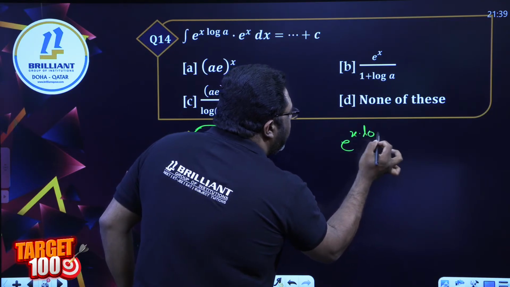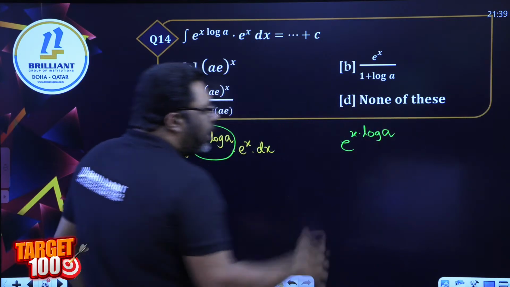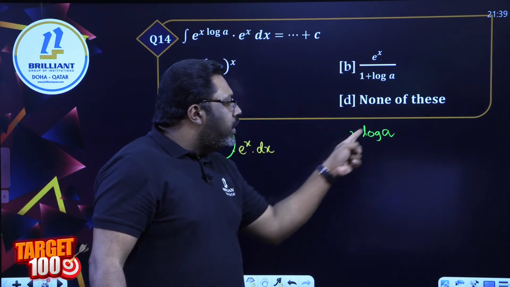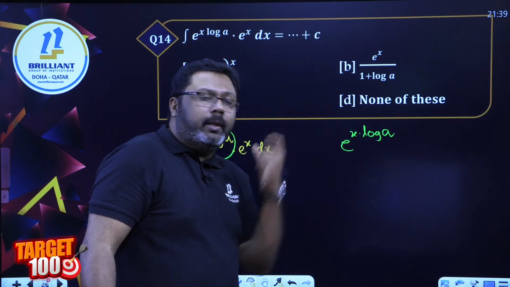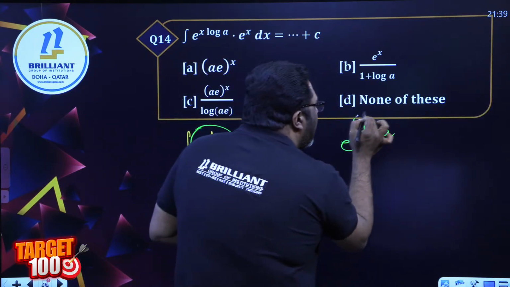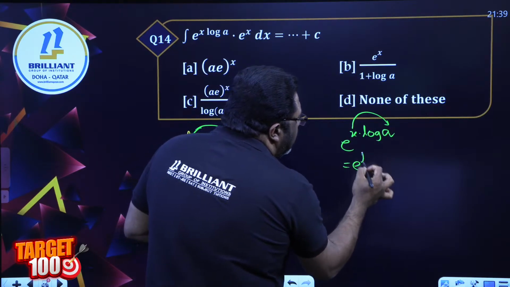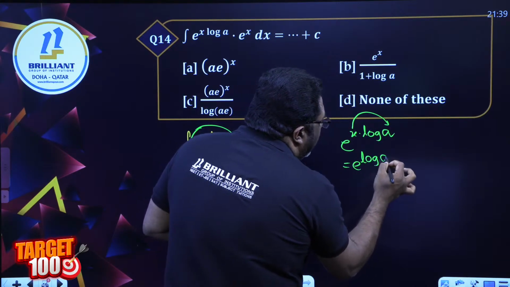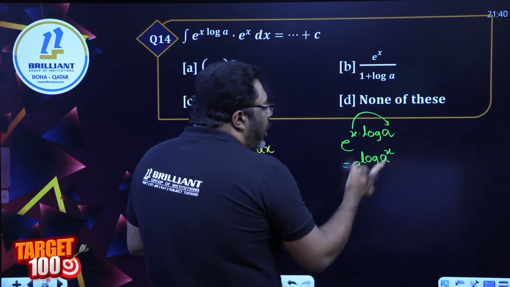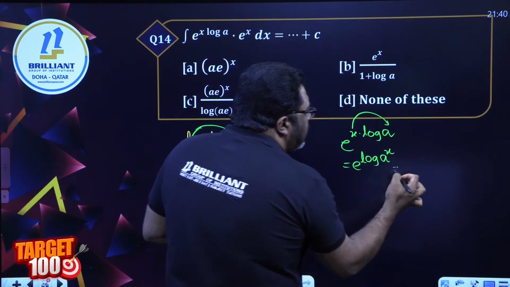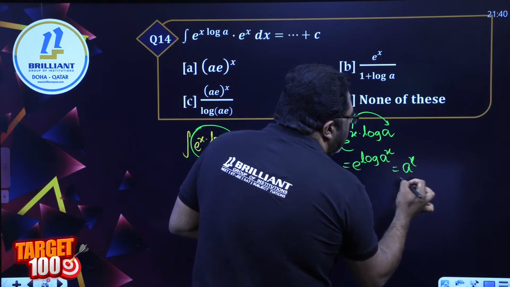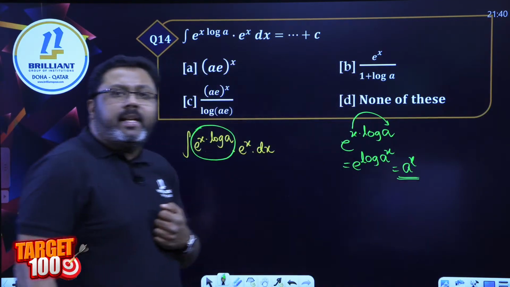Do you see that e and log are coming together? These two are inverse of each other. We have to somehow get them together. So the coefficient of log will become the power according to log property. So it becomes e raised to log a raised to x. And according to log property, e and log are inverse. They eliminate themselves. So my answer is actually a raised to x.